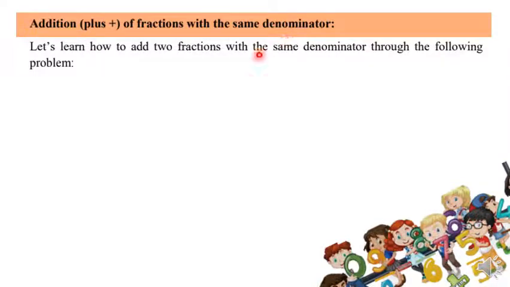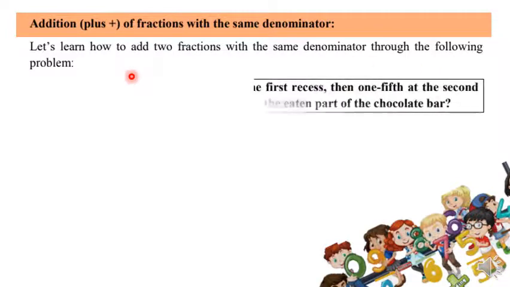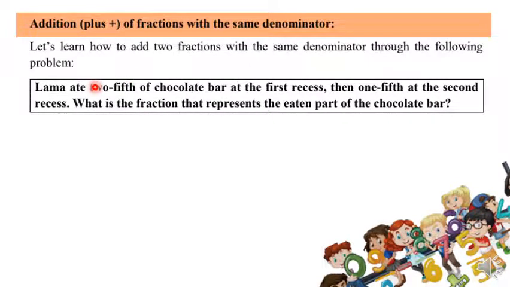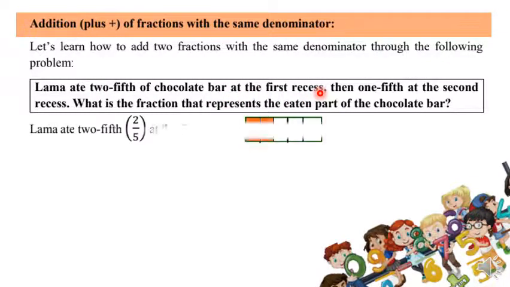Let's learn how to add two fractions with the same denominator through the following problem. Lama ate 2/5 of the chocolate bar at the first recess. Then 1/5 at the second recess.